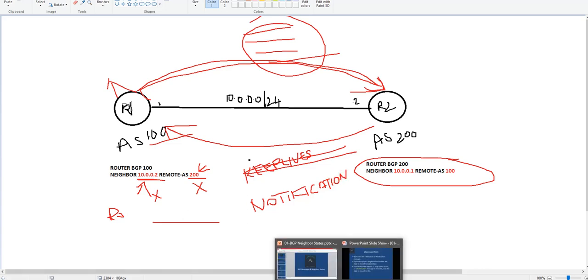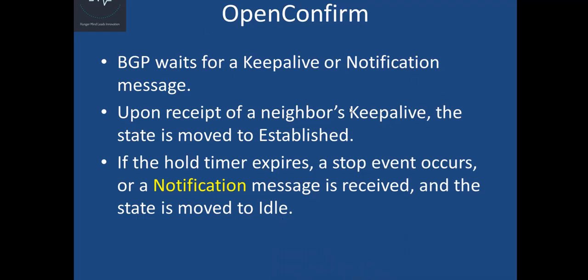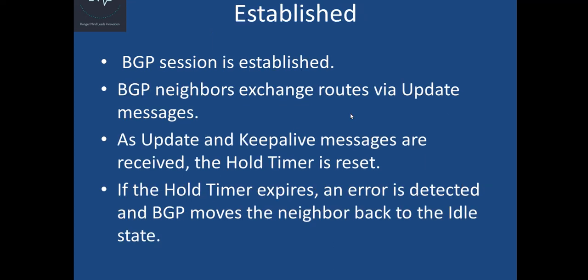So this is what happens with the open confirm. Once everything is good and we have received the keep alive messages, then BGP will go into established mode. Here two things happen: update and keep alive messages are received.